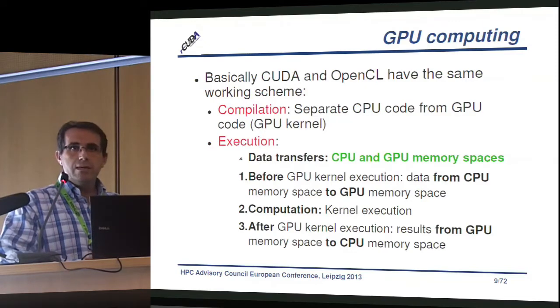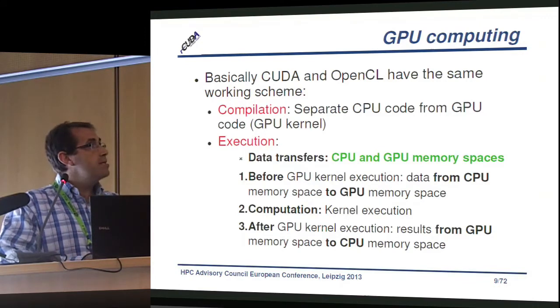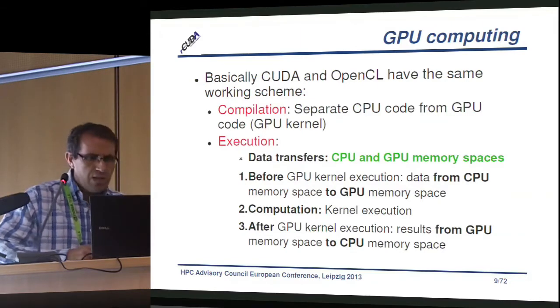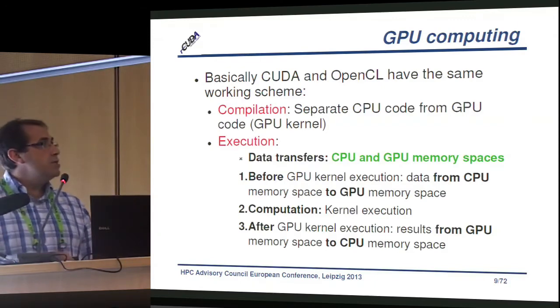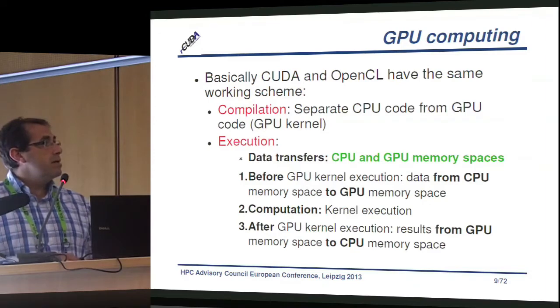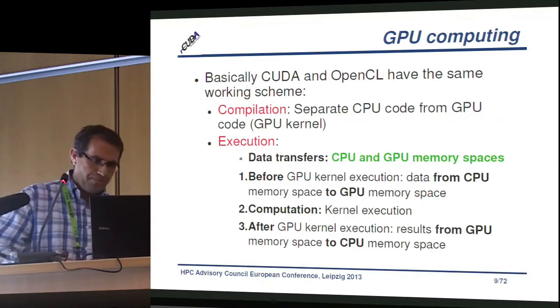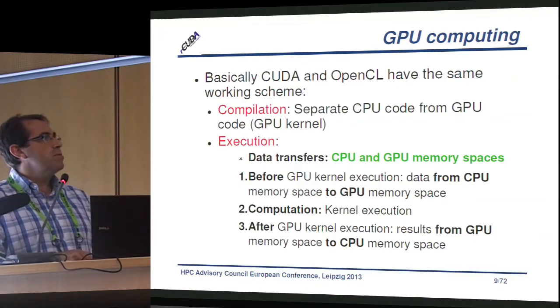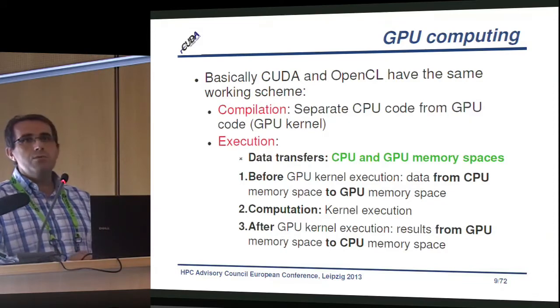On execution time, because of the disjoint memory spaces between GPUs and CPUs, there must be data transfer between the CPU and GPU memory spaces. Before executing a kernel, you need to transfer data from the CPU memory space to the GPU memory space. Then you can execute the kernel, and after the kernel execution, the results must be copied from the GPU memory space to the CPU memory space.